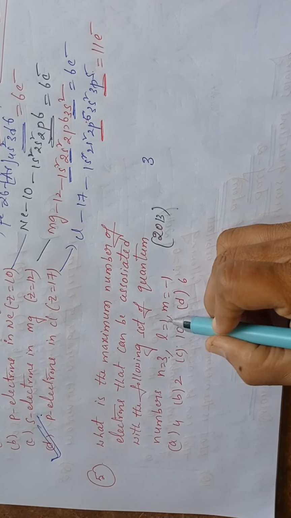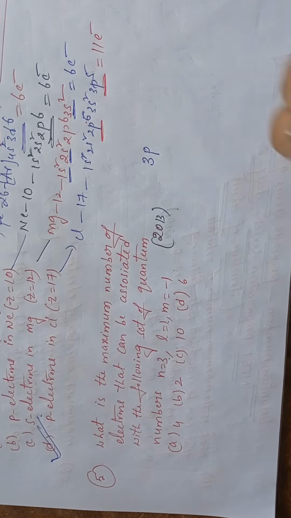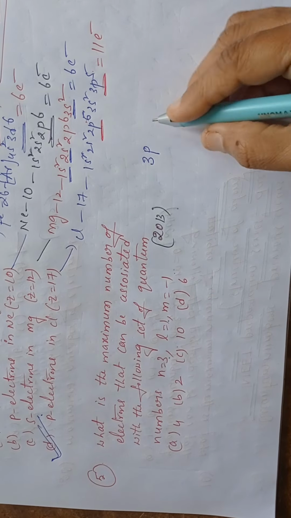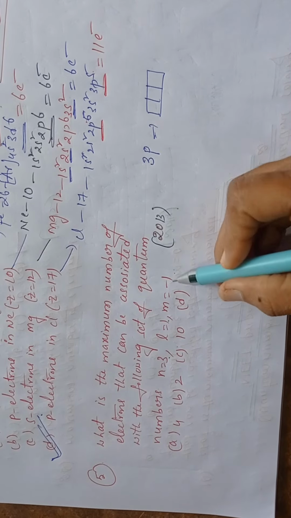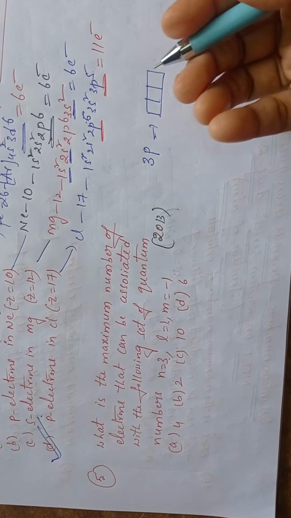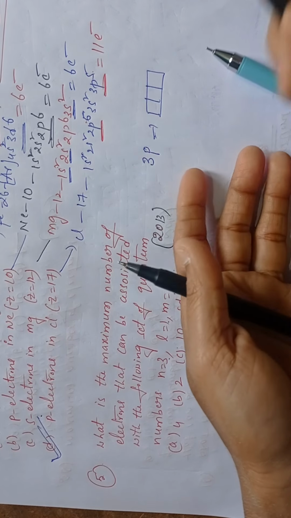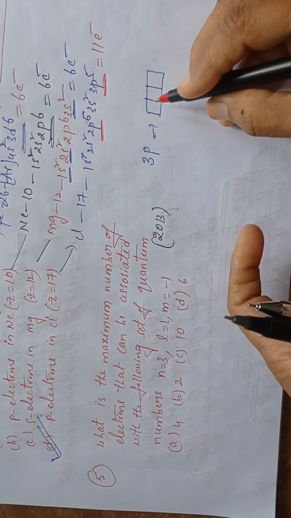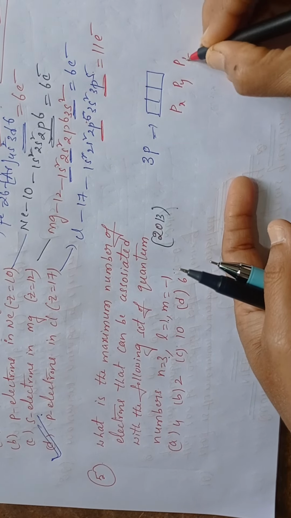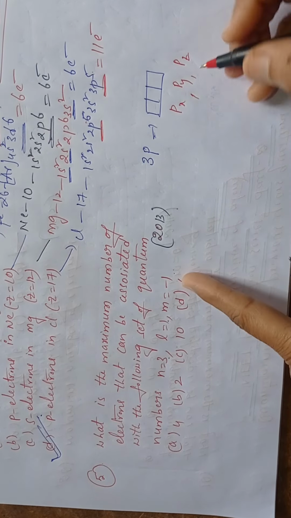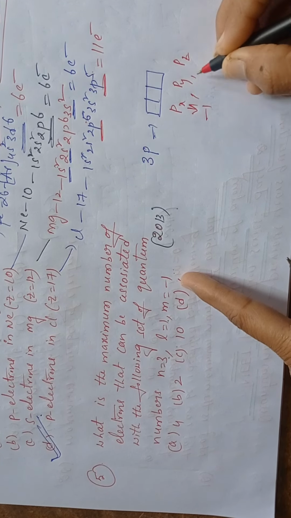Third shell. l equal to 1 means which subshell? p subshell. 3p has 3 orbitals. Now the m value given is -1. For which orbital will we get m value -1? px, py, pz. So -1 is asked. So px is equal to -1.